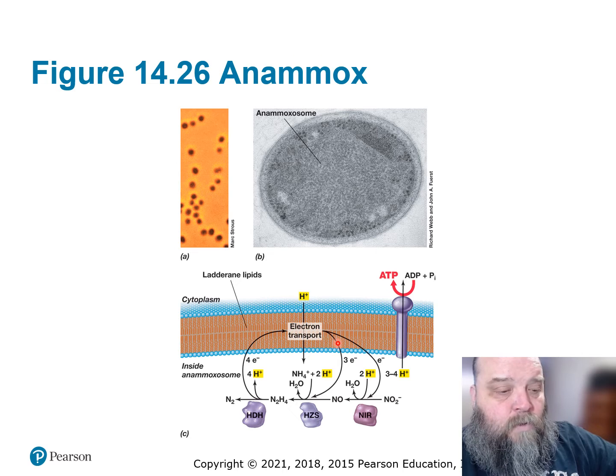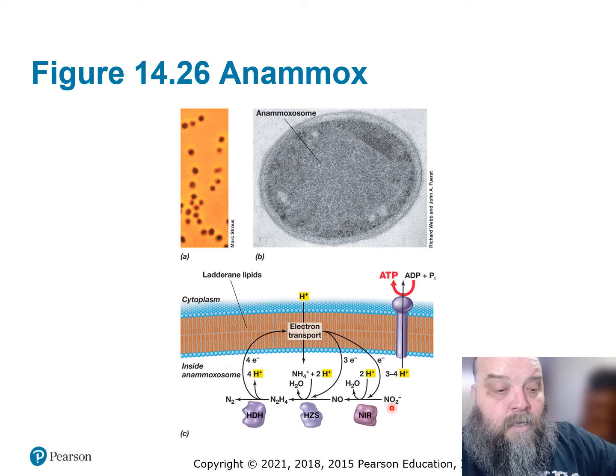They are being fed back into this Anammox process, because we're starting with nitrite to nitric oxide, to hydrazine, to nitrogen gas. Hydrazine to nitrogen gas: 4 hydrogens pulled off, 4 electrons pulled off.